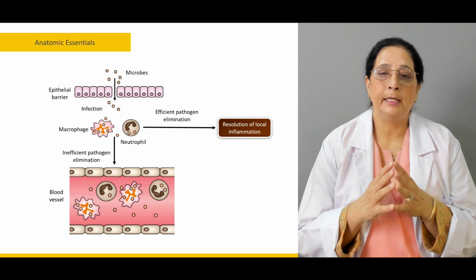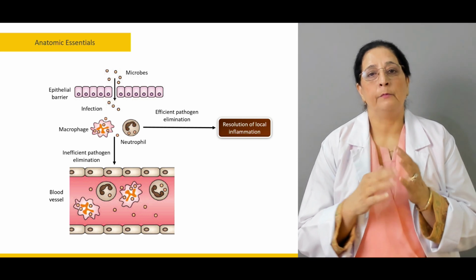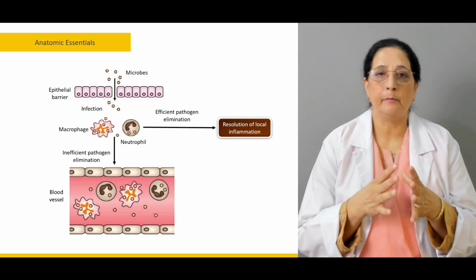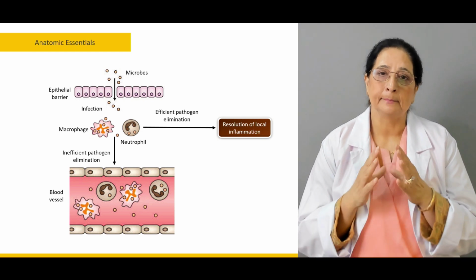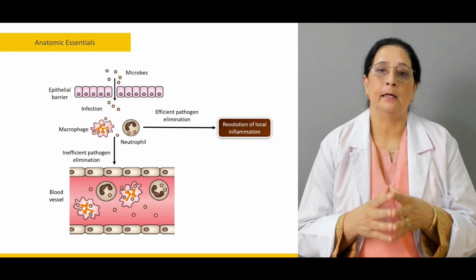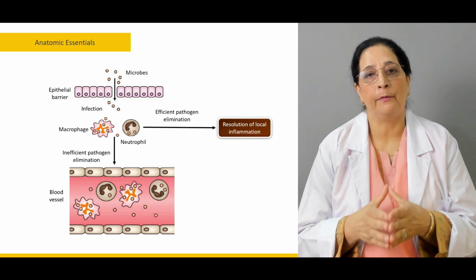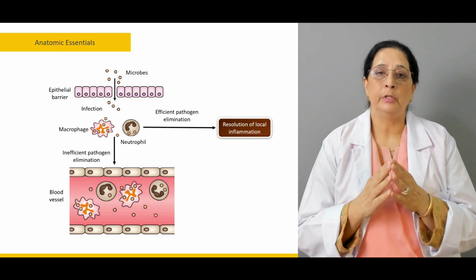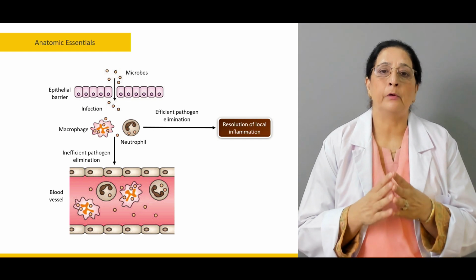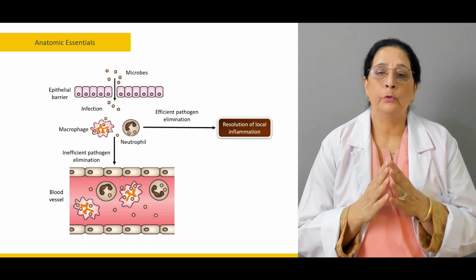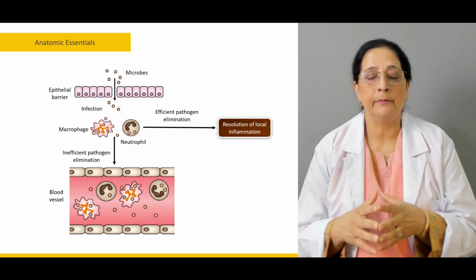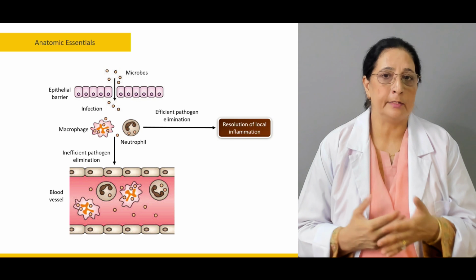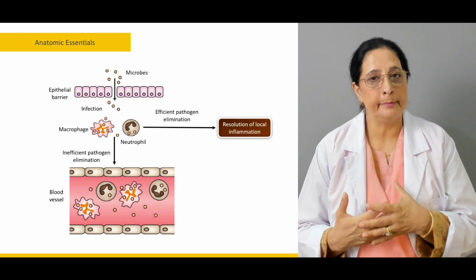There we have the immune system, which includes cells like macrophages and neutrophils, which are white blood cells. White blood cells are the cells responsible for fighting infection. So they fight against those microbes, and if the defense is strong enough, then usually there is a resolution of local inflammation.